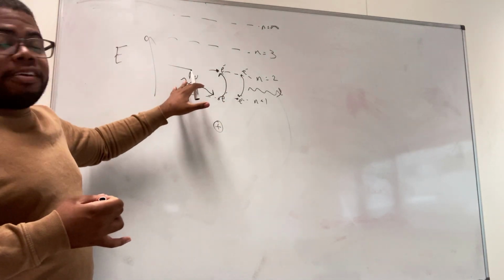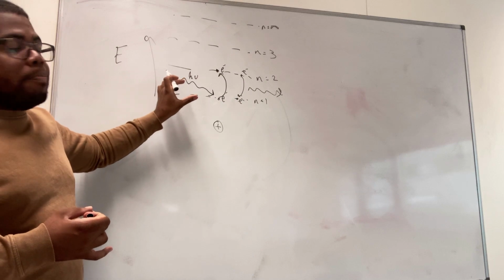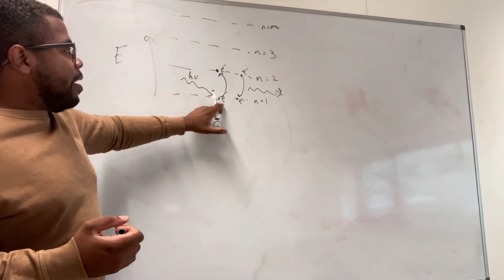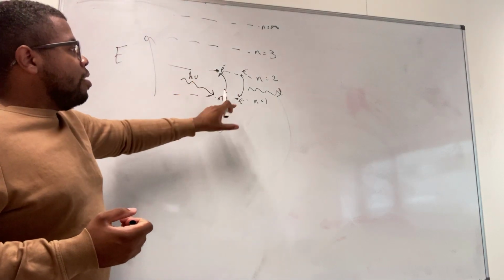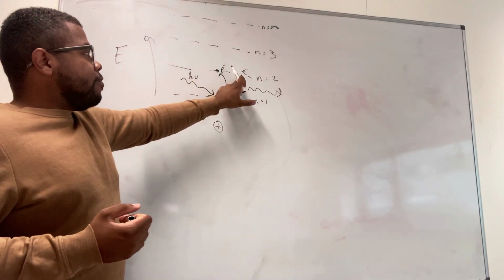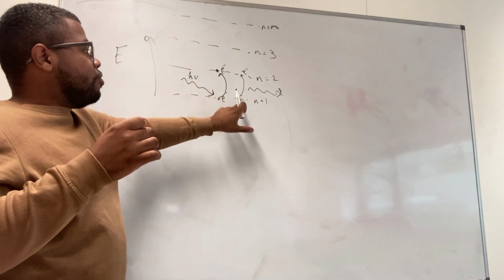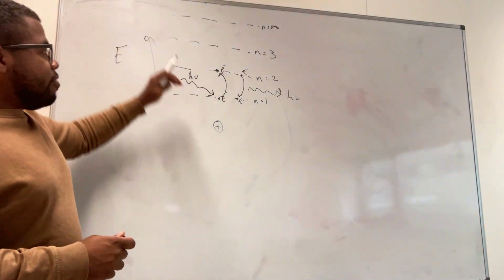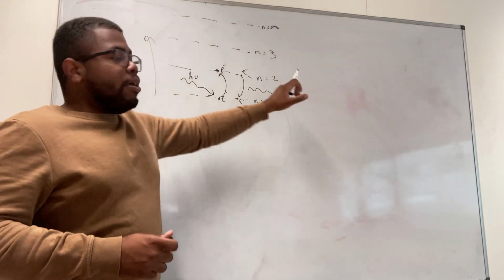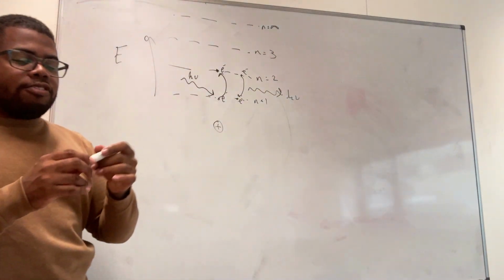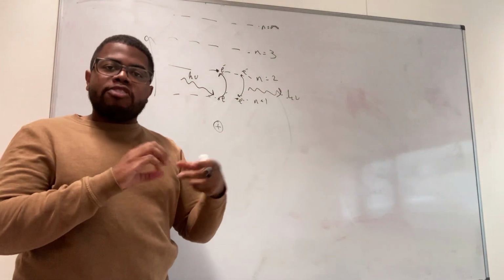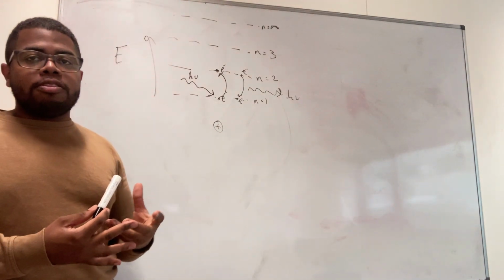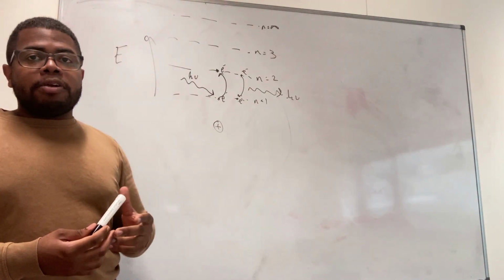So if this is red light coming in, giving the electron some energy and promoting it to E2, then if an electron drops from E2 to E1, it emits red light. So this is absorption and this is emission, which nicely ties into one thing which was also an experimental gap in physics, explained later with quantum mechanics, and that is atomic spectroscopy.